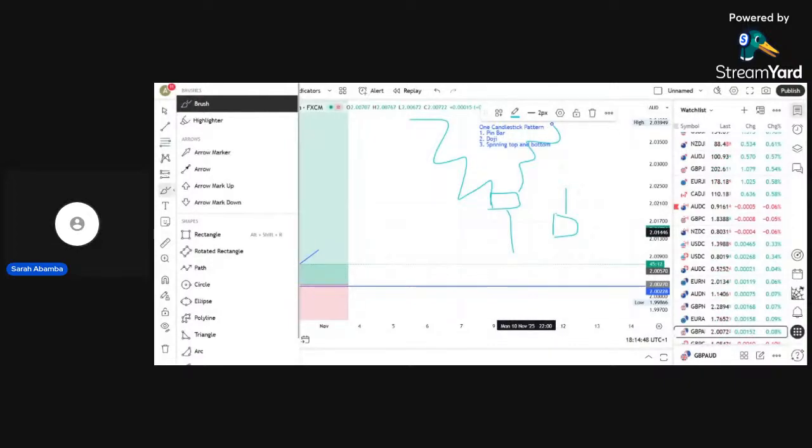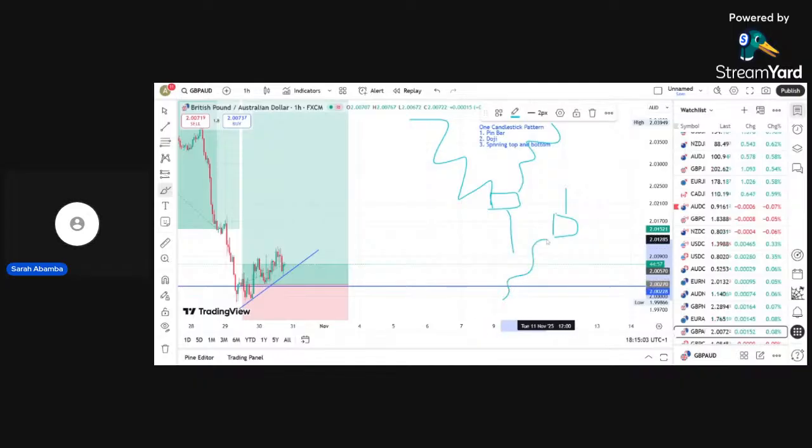Remember, I'll be showing you examples, so don't get confused yet. We go to the chart and we start seeing examples. So for this bearish pin bar, maybe the market was in an uptrend like this. It gets to a point and forms this bearish pin bar, and the market starts coming down.